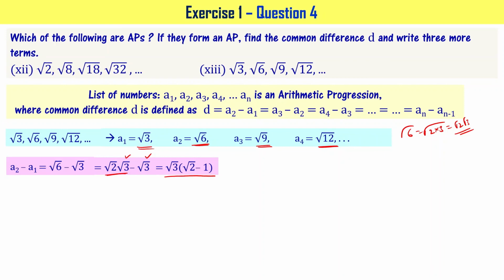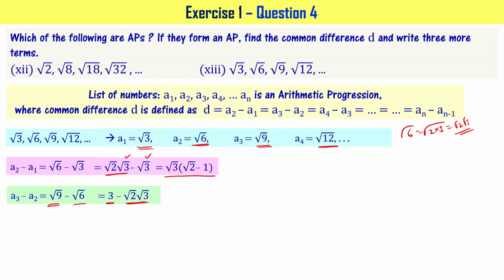Please note this. Now let's find A3 minus A2, that is root 9 minus root 6. I can write root 9 as root 3 times root 3, or otherwise I can write it as 3, and root 6 as root 2 times root 3.